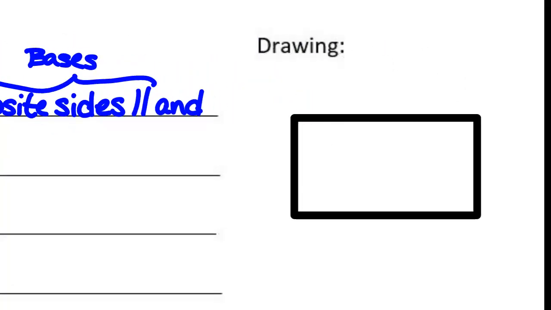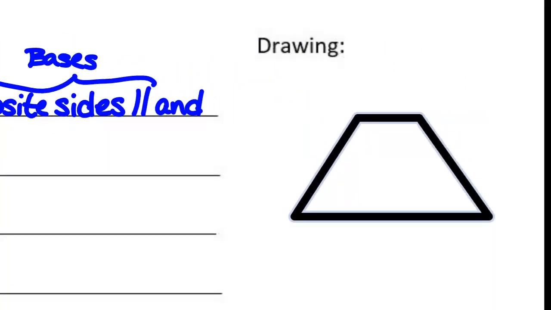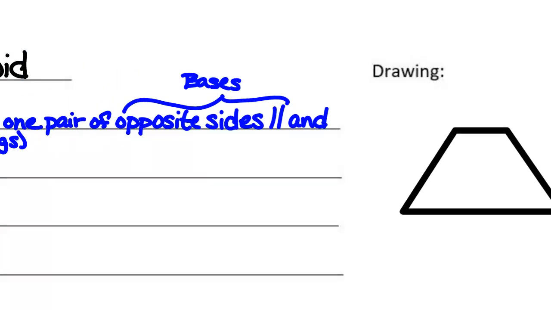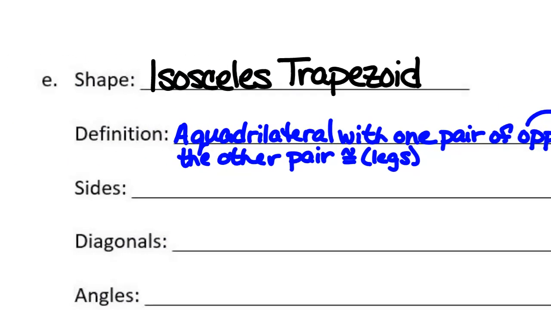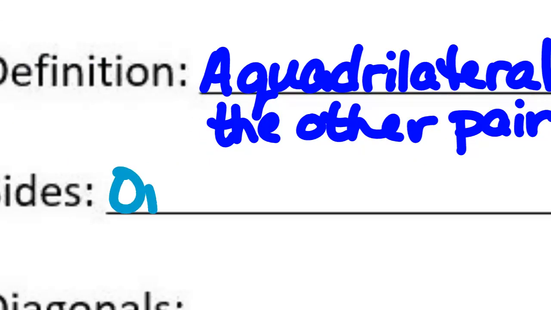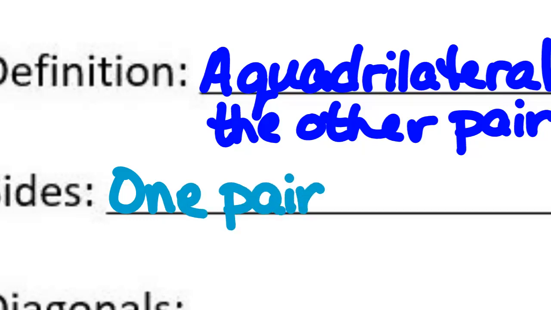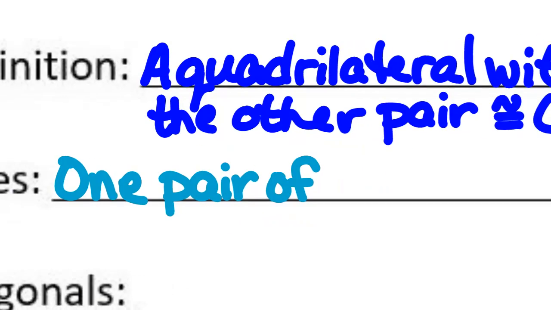I'm going to draw my trapezoid over here. There's my isosceles trapezoid. For my sides, one pair of opposite sides are parallel.